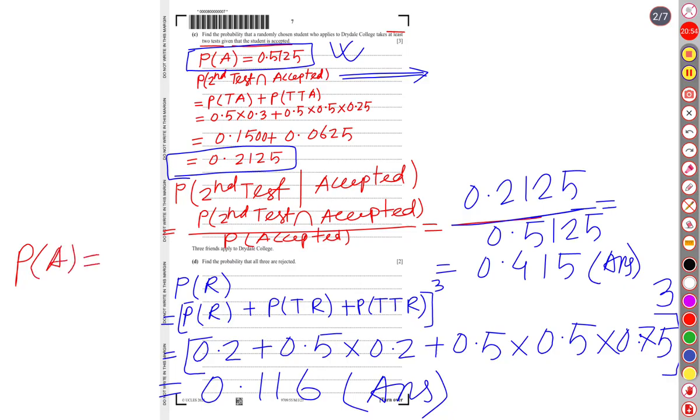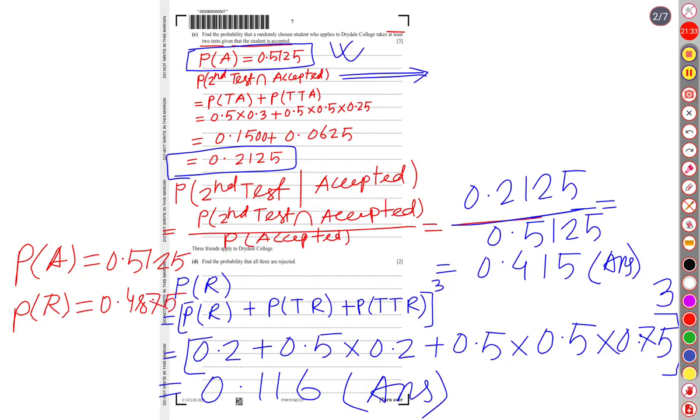It is 0.5125. Then the probability of rejection is going to be, if we subtract from 1, 1 minus 0.5125, that is 0.4875. So this is the probability of rejection.